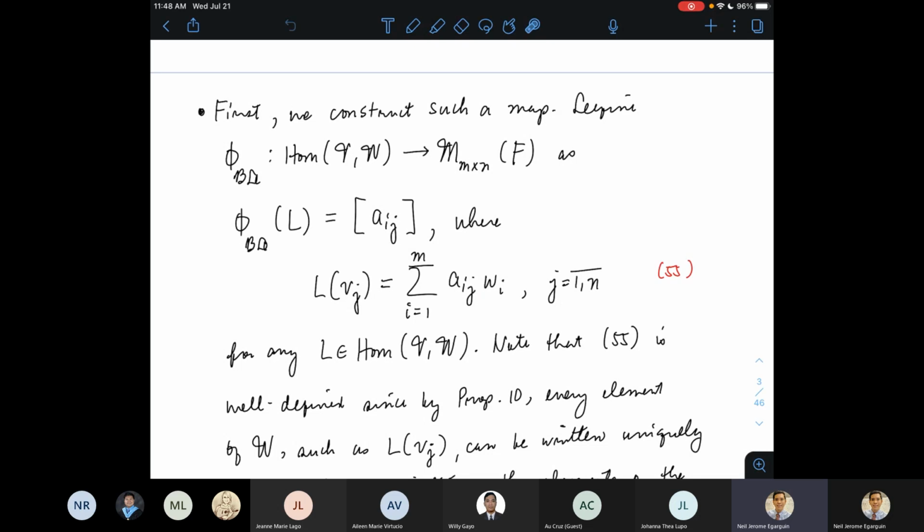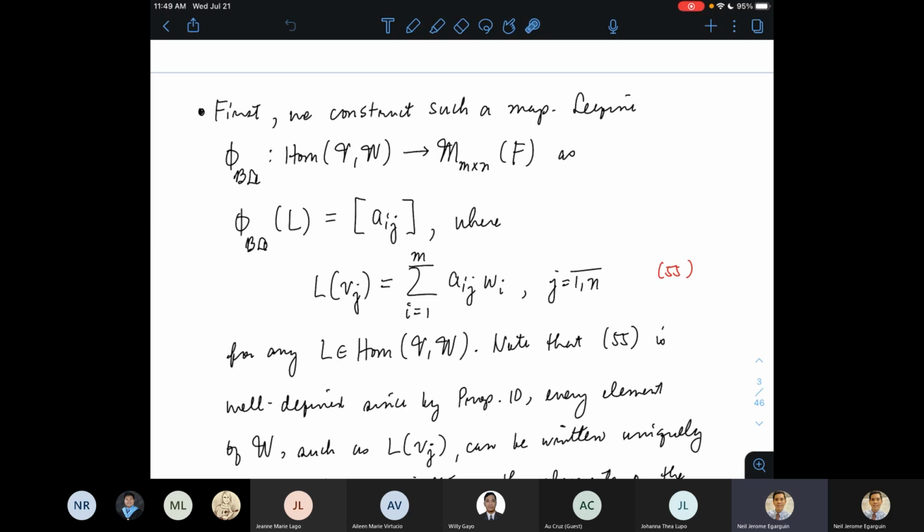That's why you see this will be an M by N matrix. Kasi ilang Vj's meron? V's dimension N. So we will have N elements there. So si j ay fixed. So we will have N columns because the coordinates of the image of Vj will be on the jth column. And then we'll do this for all terms in the expansion of L(Vj) with respect to D. That's why we will have M rows.